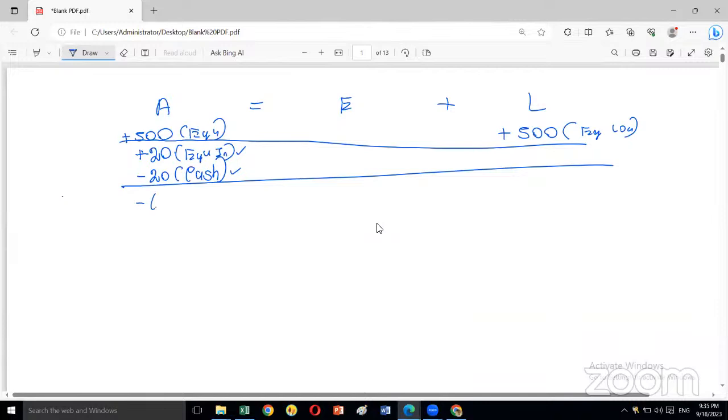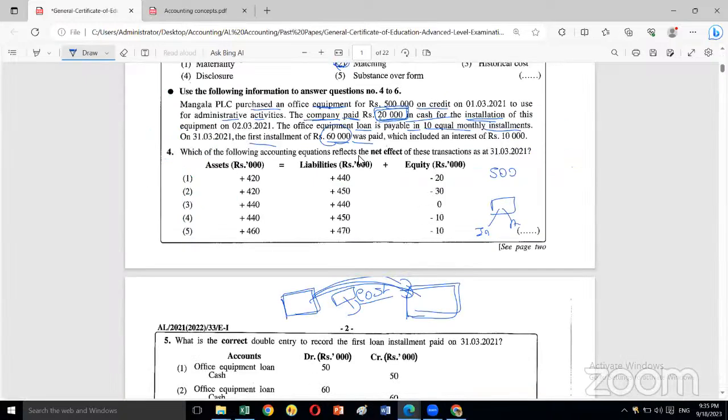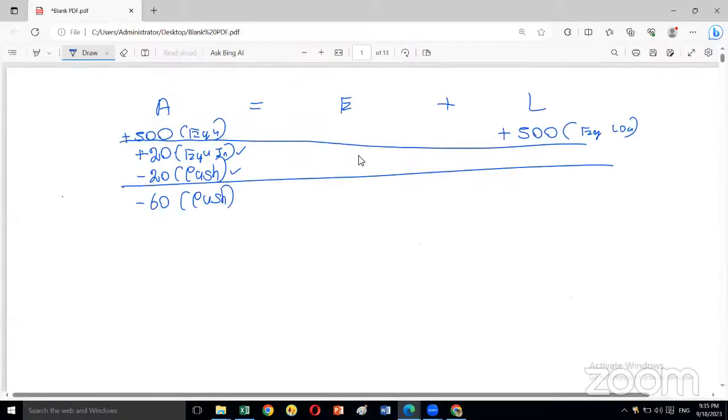When you are paying 60,000 cash, what asset decreasing? My cash asset decreasing by how much? 60,000. Now see, I paid as cash. When I am paying cash, what asset decreasing? My cash asset decreasing by 60.